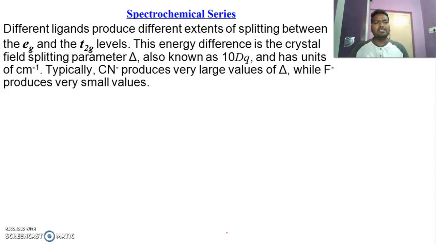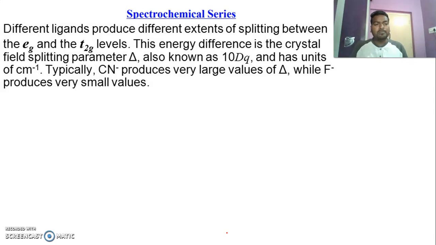So what does spectrochemical series mean? It is a series of arrangement of ligands based on their crystal field splitting ability, because you know that the splitting of d orbitals depends on the ligand. If the ligand is strong, splitting is more. If splitting is more, the crystal field stabilization energy is more. So based on the crystal field splitting of a ligand, we are going to arrange the ligands in increasing order. That arrangement is called the spectrochemical series.